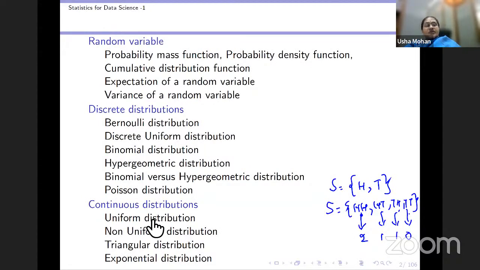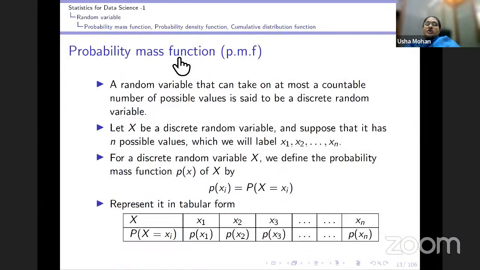And for continuous, we look at uniform and exponential, with examples of non-uniform distributions. But before I look at these specific distributions, let's introduce the notion of a probability mass function and a probability density function.